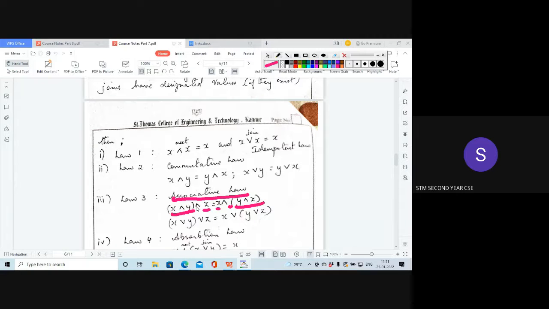That is, this and can be paired with any term, just like a plus b plus c is the same as a plus b plus c. This is associative law. Or a into b into c is the same as a into b into c.